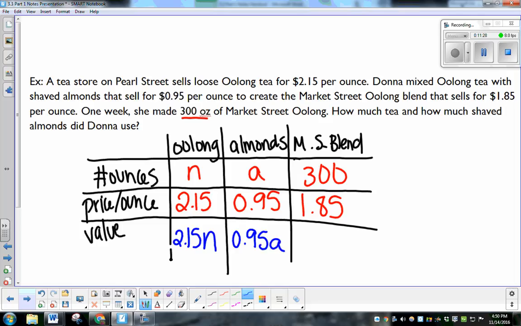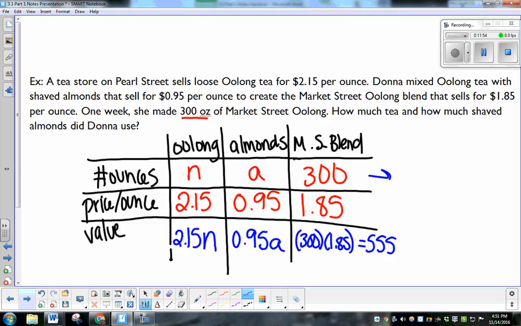And for the blend, we're paying $1.85 per ounce, and we know we have 300 ounces. So for this one, I'm just going to do 300 times $1.85, and I end up getting $555.